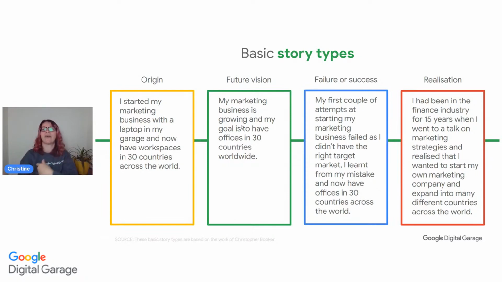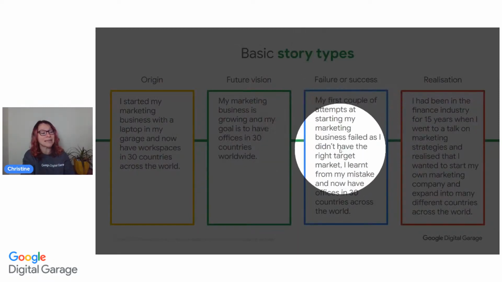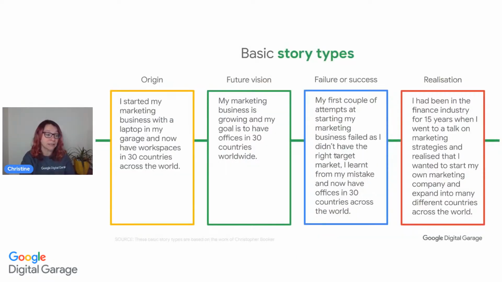This is what I tried, it failed. And then this happened, and this is where I am today. So: "My first couple of attempts at starting my marketing business failed as I didn't have the right target market. That's the failure. I learned from my mistakes and now have offices in 30 countries across the world." And there's almost the thing there: if I can do it, you can do it too. You can see how that could be really motivational for people.